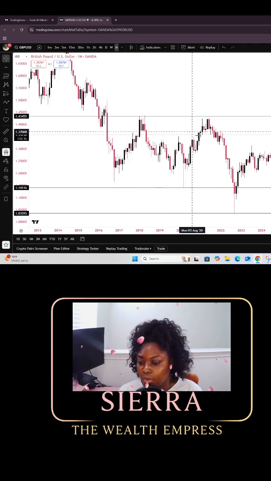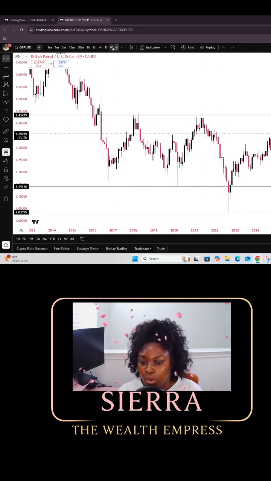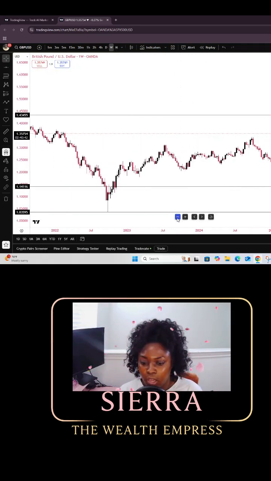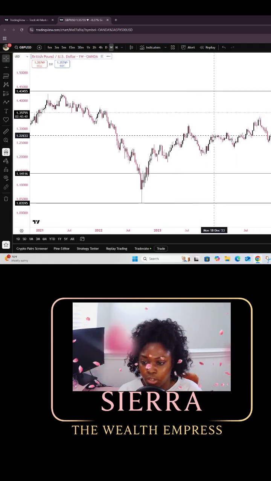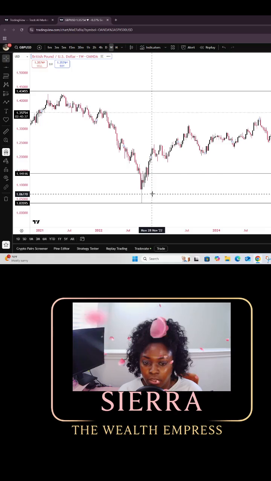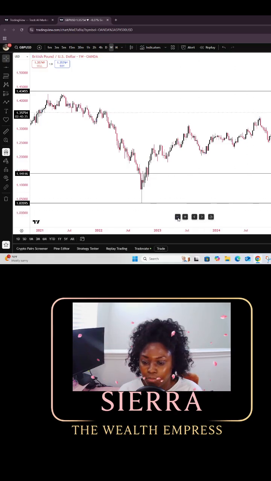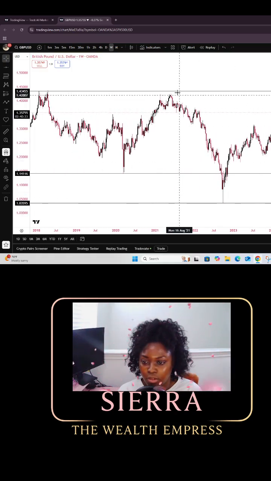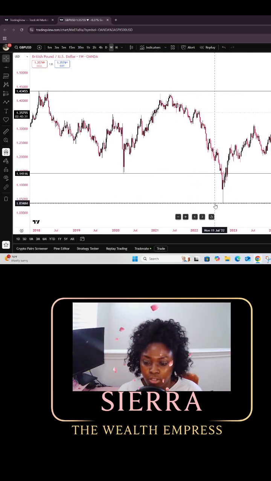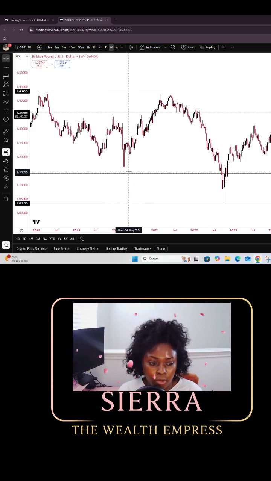Okay. So now we'll come down to our weekly and find our weekly structure within our monthly structure area. So remember, this is our last high, this is our last low, this was our last lower high.